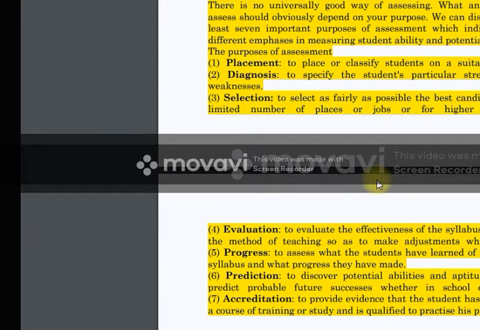So we are looking for weaknesses and strengths in a specific syllabus with reference to the effectiveness of the syllabus.